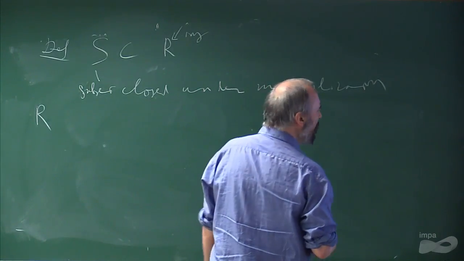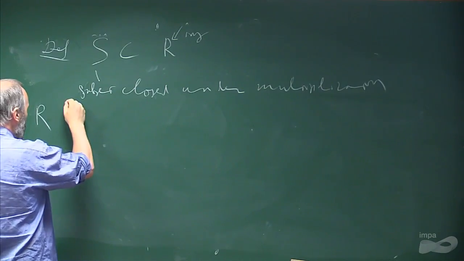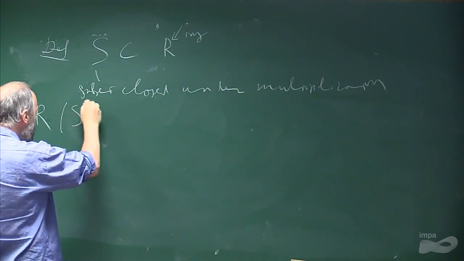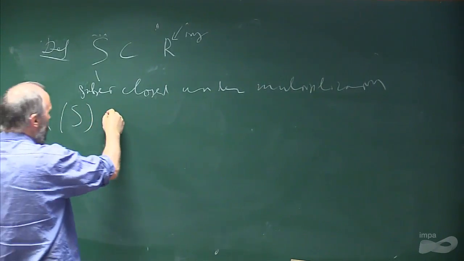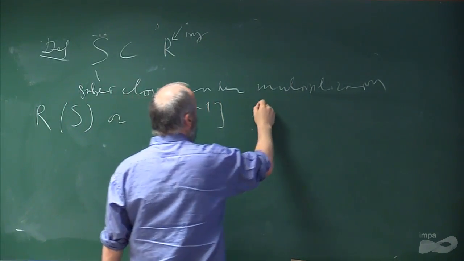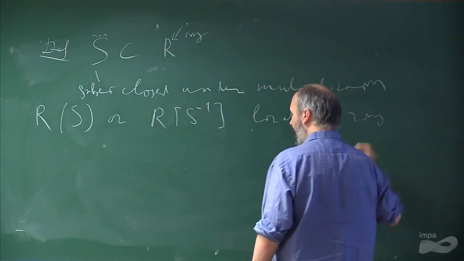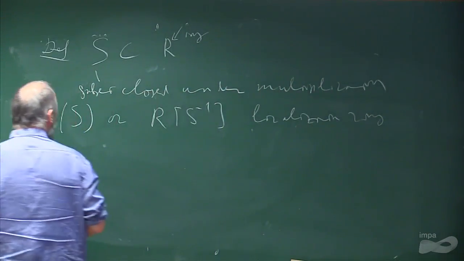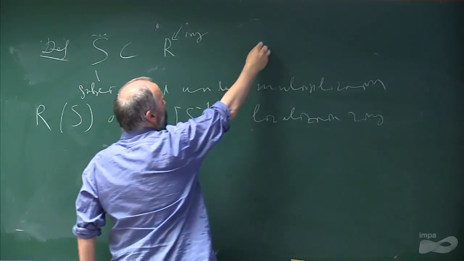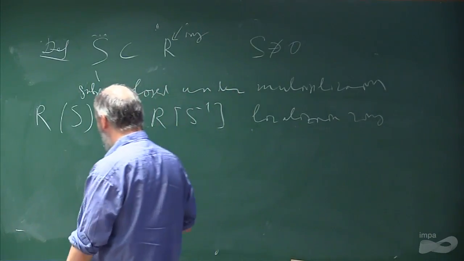You write it like R of S, or R of S minus 1, localization. The ring is obtained by, S shouldn't contain 0, because if it contains 0, this would be just zeroing.